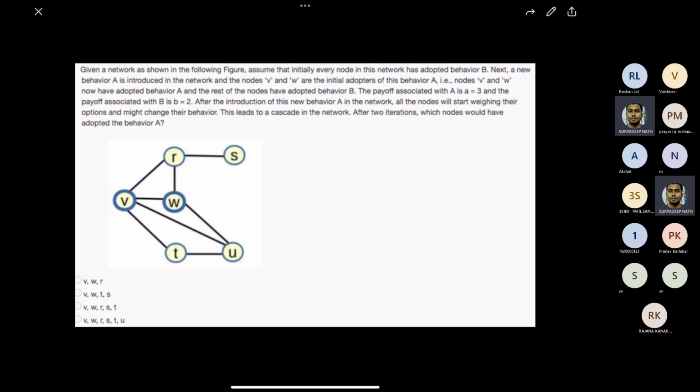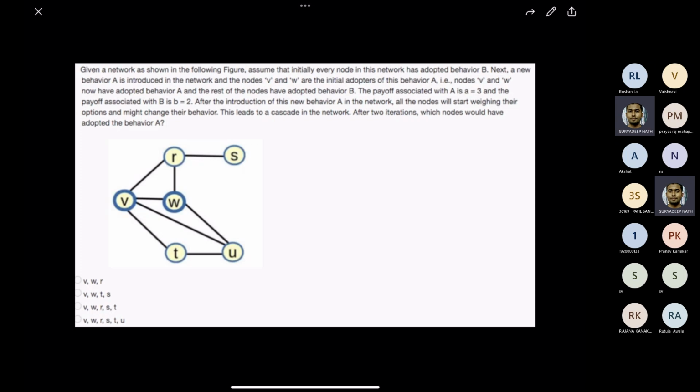So R, after the first iteration, would have adopted the new idea A. Coming to S, it is only influenced by R. So in the first iteration, S will not adopt the new behavior A. So S will remain with behavior B.